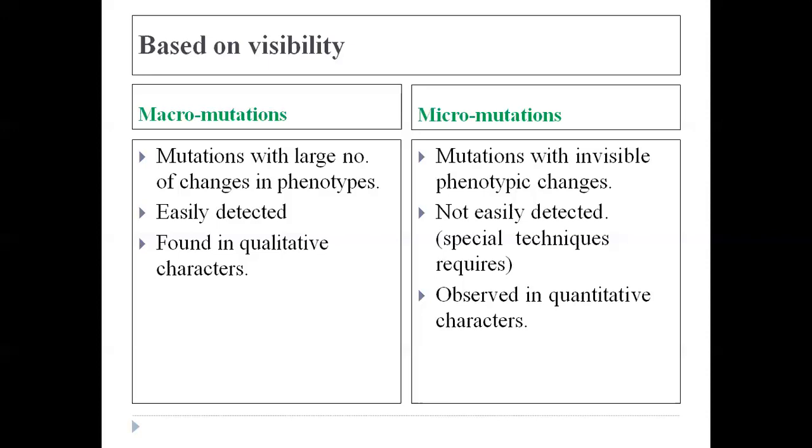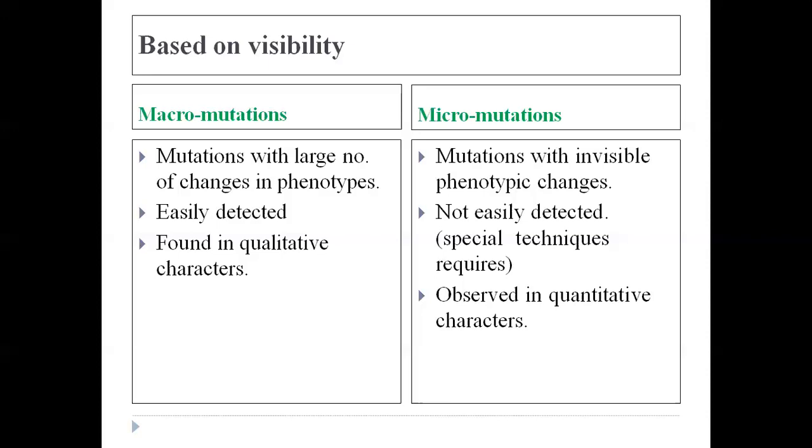In case of micro mutations, you can see mutation with invisible phenotypic changes. Macro mutation means you can see it with the naked eye, but micro mutation means you cannot observe the mutations.